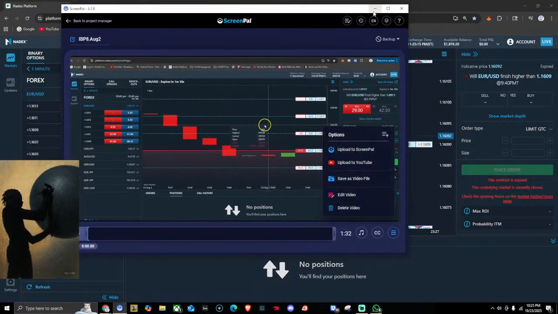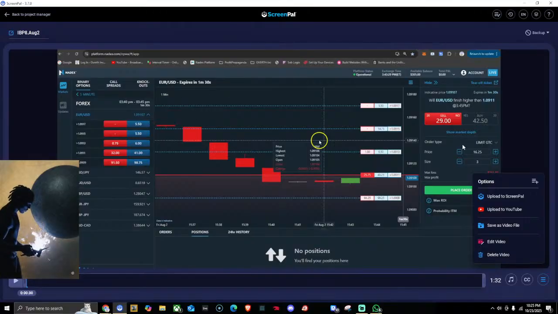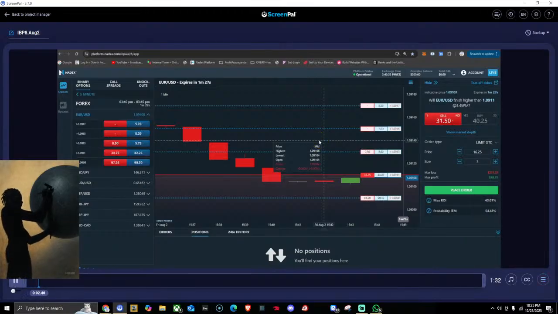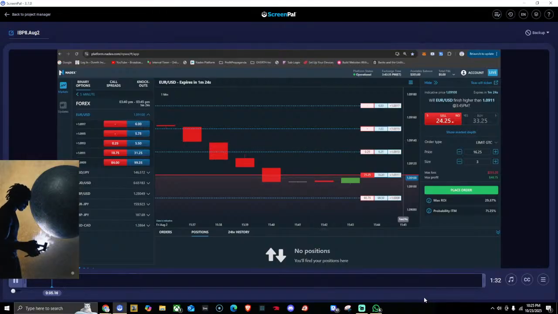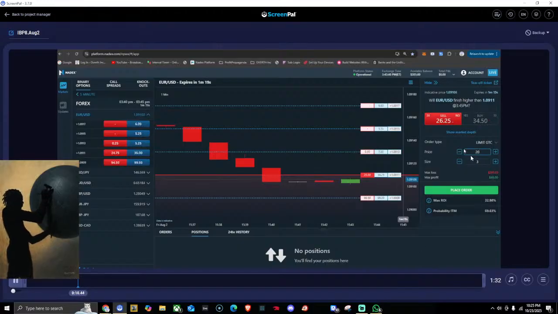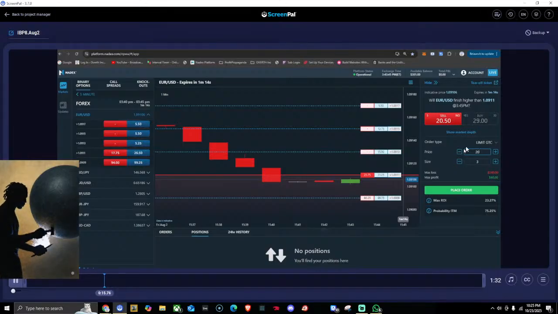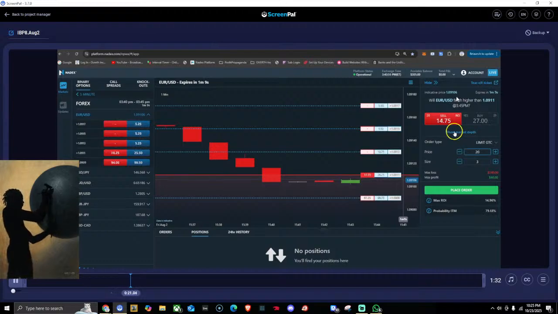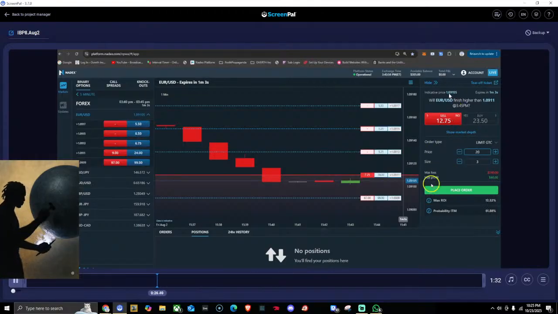All right, let's use this one. I just picked something random, so let's take a look and see what this is all about. Okay, so what I want you to do is follow the mouse cursor. And as you're following the mouse cursor, pay attention to what this is doing and what this is doing.